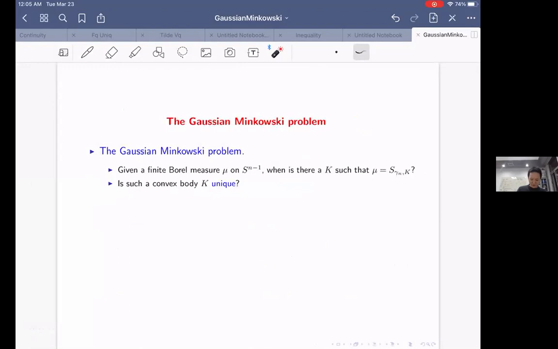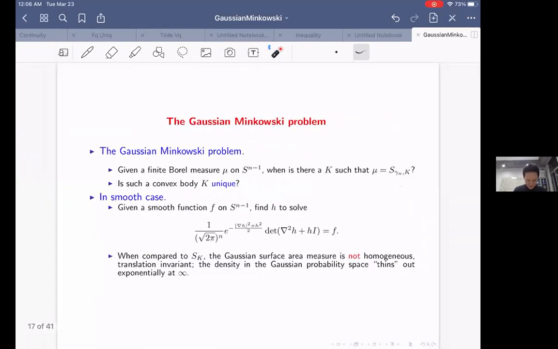And we can formulate our problem here as this. That is, given a finite Borel measure on the sphere, can you find a convex body such that the Gaussian surface area measure S_{γ_n,K} equals μ? And if there is a solution, is such a solution unique? There are two problems. And in the smooth setting, as we introduced before, it asks to solve the following PDE.